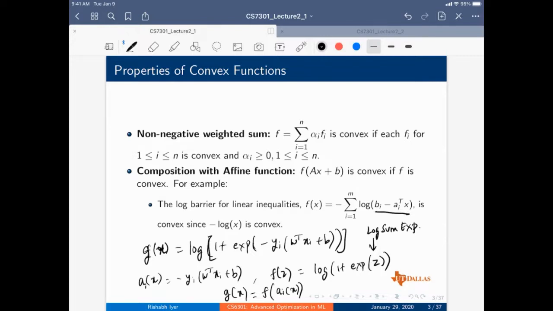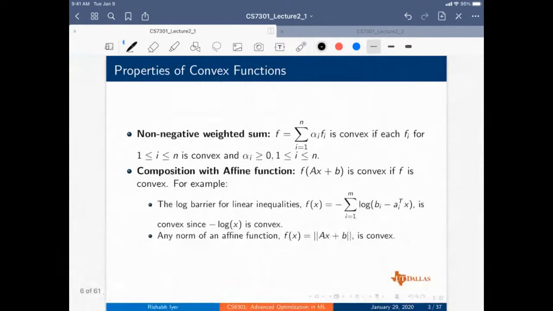This is a nice property that would be used to transfer the intuition that we know from scalar functions to vector valued functions. It turns out that another example of this is a norm. So you take Ax plus b, and you take the norm of this.